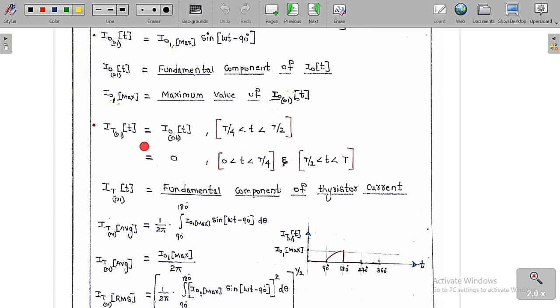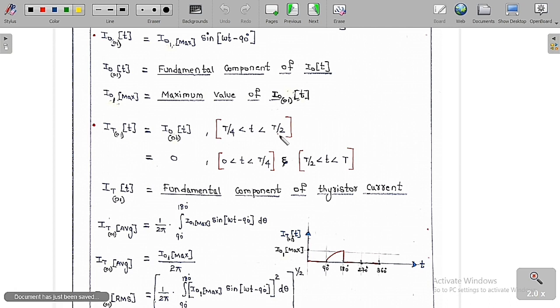Now we are going to find the thyristor fundamental current, or simply the switch fundamental current. I want to find the fundamental current of the switch current. It is equal to the fundamental current of the load current from T by 4 to T by 2. I am going to do it only for switch S1.